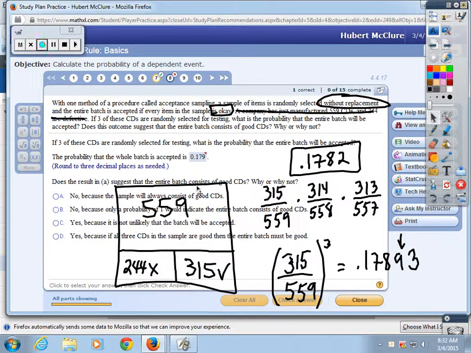Does this result suggest that the entire batch consists of good CDs? Why or why not? Well, is this probability high? I mean, 18%, you've got an 18% chance of getting all 3 CDs good. Is that a high probability? I don't think it is, but I don't know how to answer these questions because they word them like a Philadelphia lawyer.